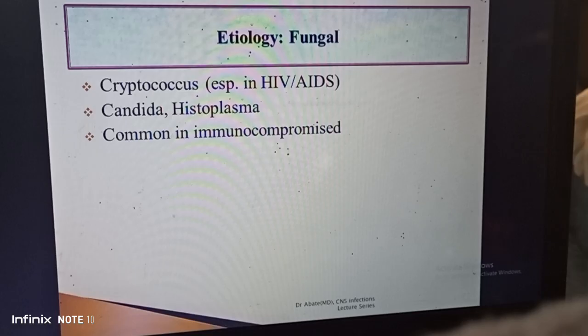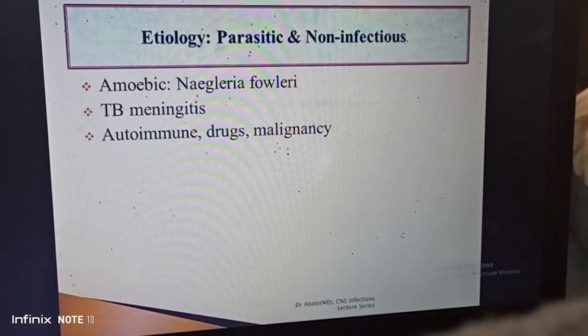In advanced HIV infection, patients with HIV with WHO stage 4 usually develop cryptococcal meningitis. So fungal meningitis is not common in immunocompetent individuals. It primarily causes meningitis in immunocompromised individuals, specifically in advanced HIV infection.